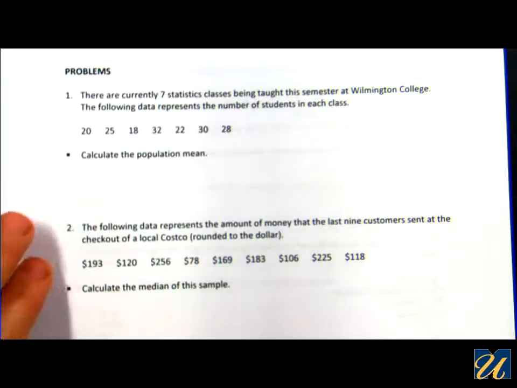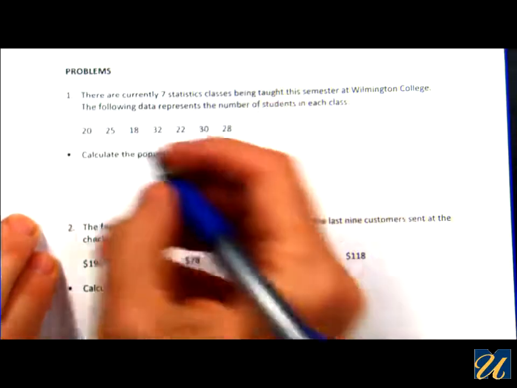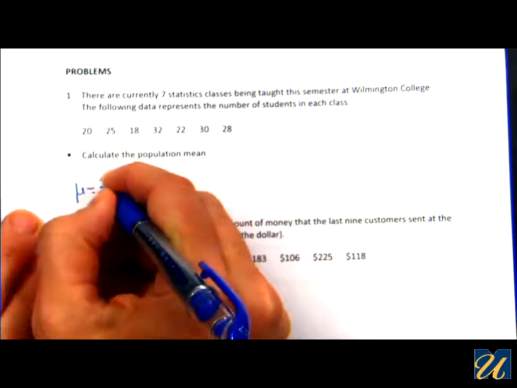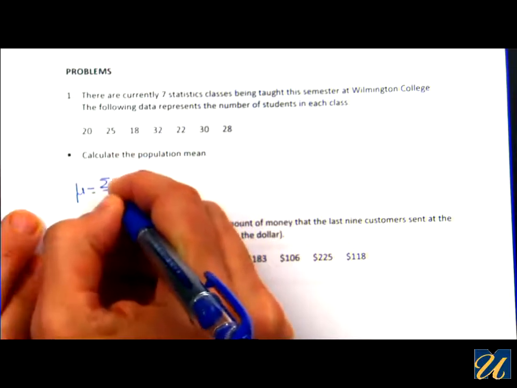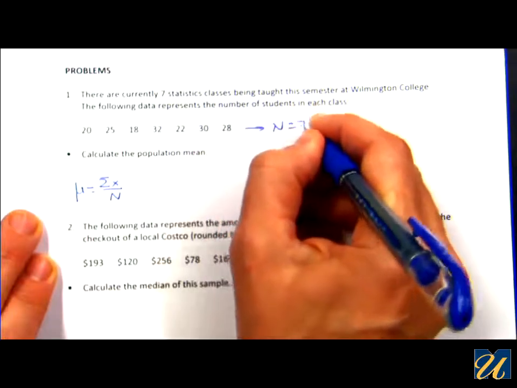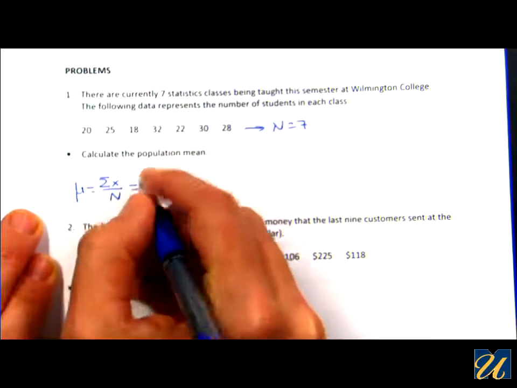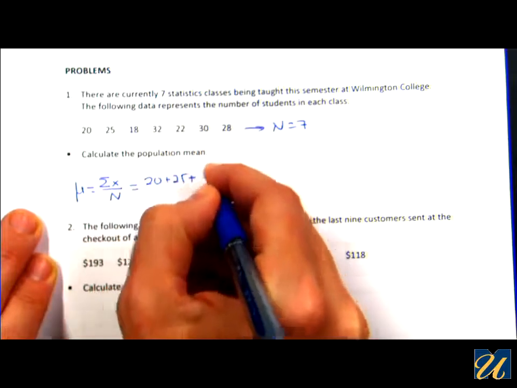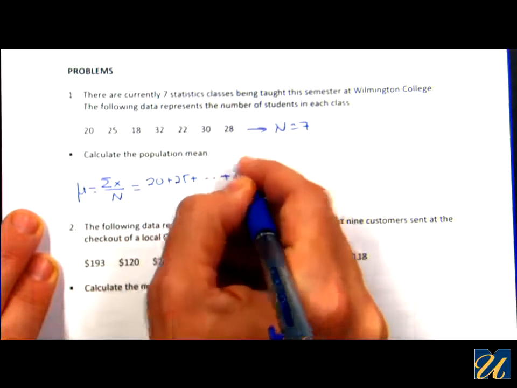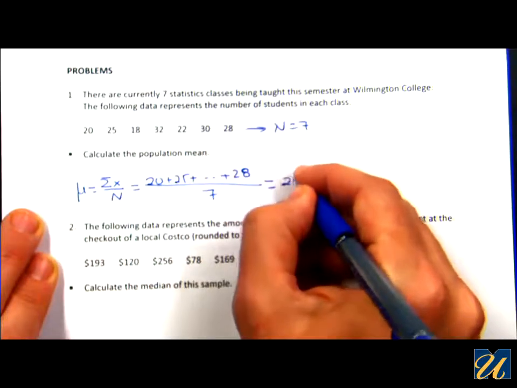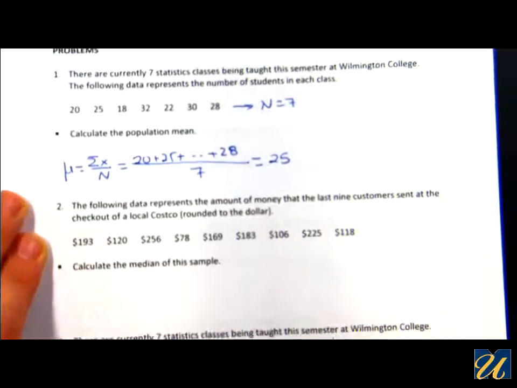Calculate the population mean. The population mean is mu. We take the sum of all the entries over the population size. N is equal to 7. We add them all and divide, so you would do 20 plus 25 plus 28 and so on over 7, and this should be 25. So the average will be 25.